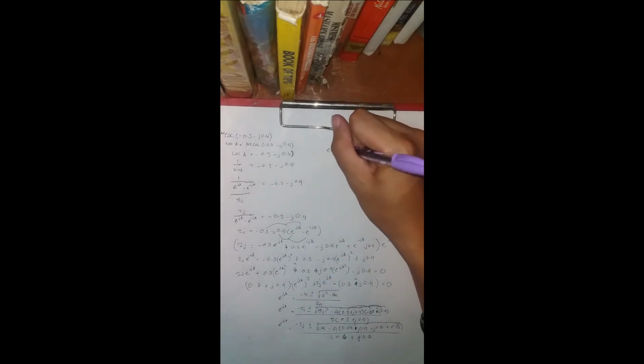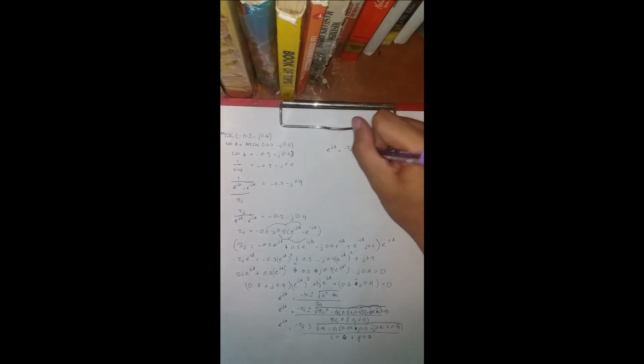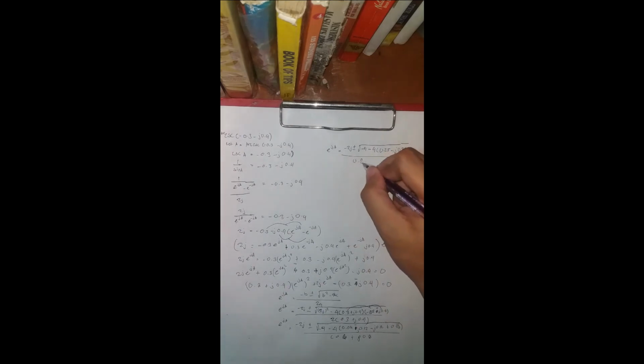So you have e raised to ja equal to negative 2j plus minus square root of negative 4 minus, so we have minus 4 times, so negative 4 times 0.25, then we get minus, this will be positive, that will be negative j 0.24 all over 0.6 plus j 0.8.